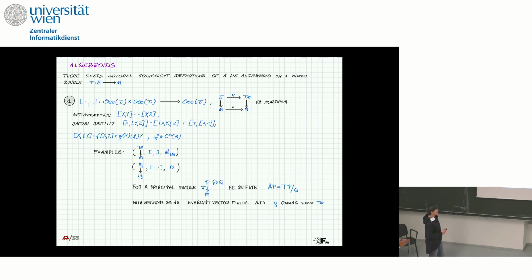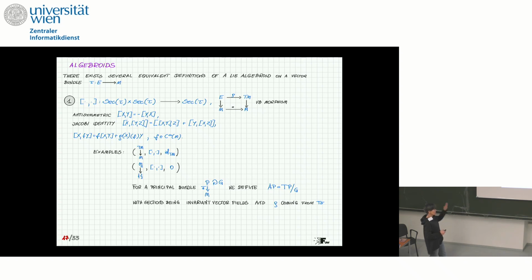What are the examples? The first example is maybe we can say the trivial one, but important, the canonical definitely. The tangent bundle itself, equipped with the Lie bracket of vector fields and with the identity as an anchor, is a Lie algebroid.